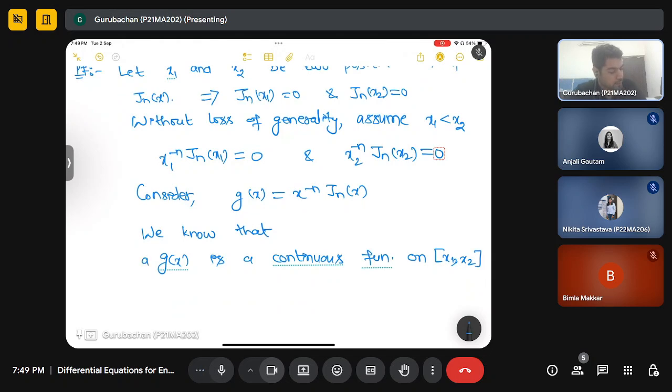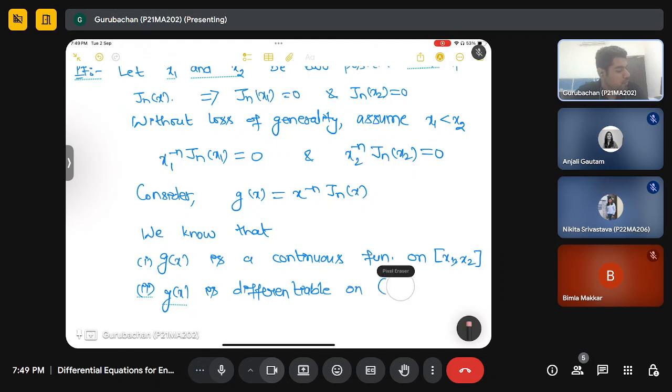Next, this is your first one, and the next one is g(x) is differentiable on (x1, x2).